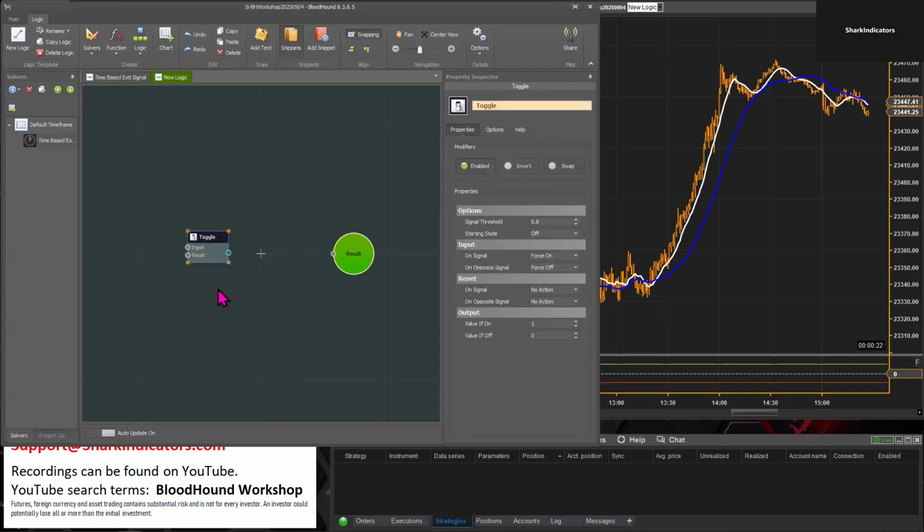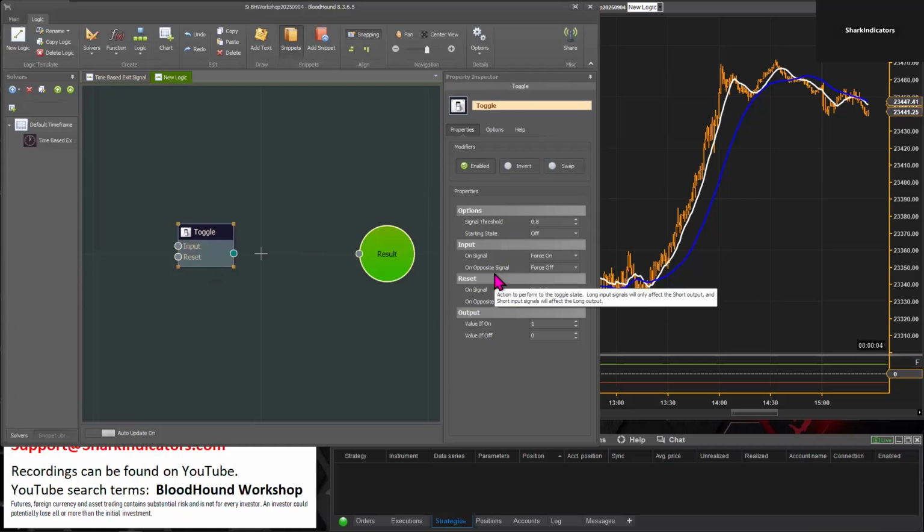You just want it to go, and instead you use another condition to turn off that extension of the signal. You can see the toggle node has an input and a reset, and on the menu you have various options.